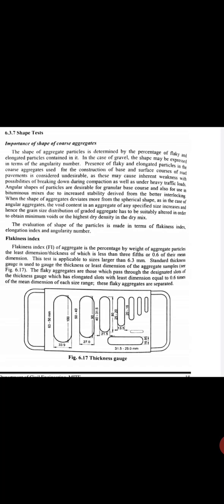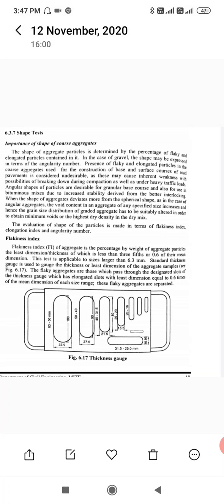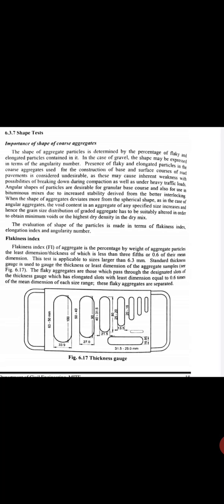The void content in an aggregate of any specified size increases, and hence the grain size distribution of graded aggregates has to be suitably altered in order to obtain minimum voids or the highest dry density in the dry mix. The evaluation of shape of the particles is made in terms of flakiness index, elongation index, and angularity number.